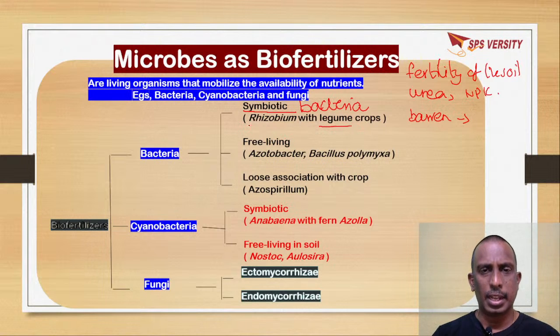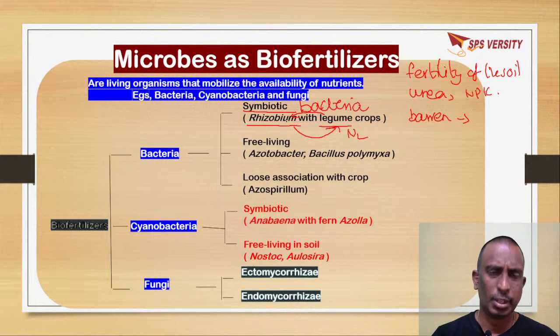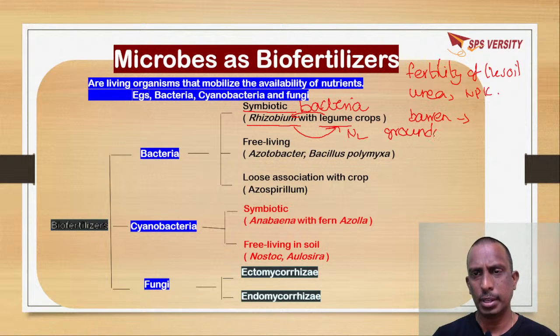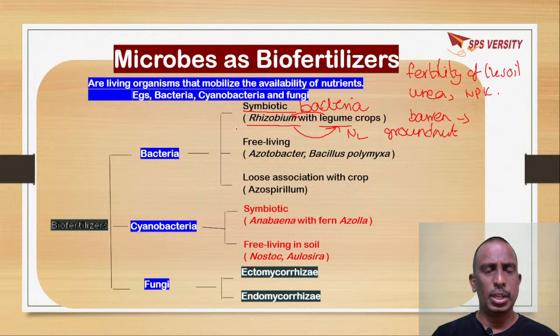That is, Rhizobium is a symbiotic bacteria, which has a symbiotic relationship with legume. Okay. So Rhizobium will give nitrogen to legume plants, as well as legume will give the food materials. Both get benefited. So this Rhizobium can be used in only legume crops. Legume crops means groundnut, beans, these all will come under legume crops. Okay. They can be used only in legumes, that is the members of Fabaceae, beans, groundnut.